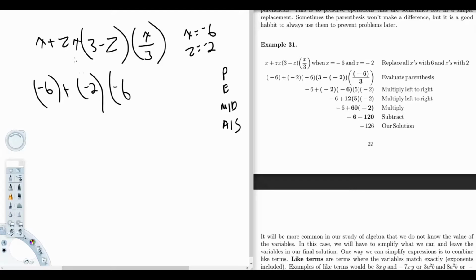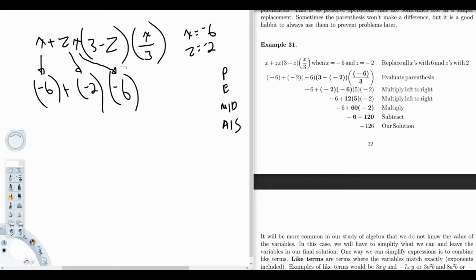You're seeing that, huh? The z here, the x there. Anytime you have two letters stuck together like this with nothing in between, see the zx here? That means they want you to multiply. I didn't put a multiplication sign to show you that this is what it means.